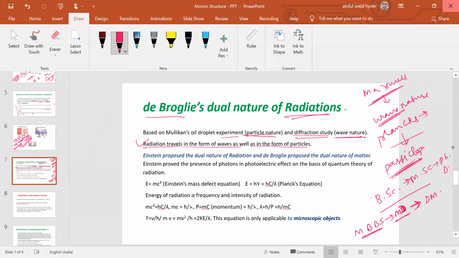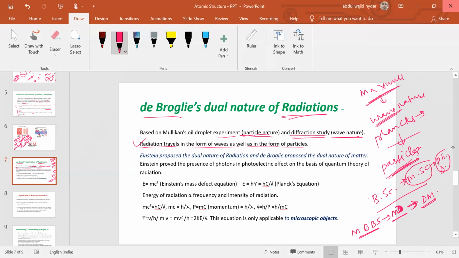DM. As in science, after MSc you do PhD, like that in the medical profession after MD, you do DM. DM is doctorate in medicine. That is the PhD in medical science. So these are professors, the most highly qualified medical professionals.